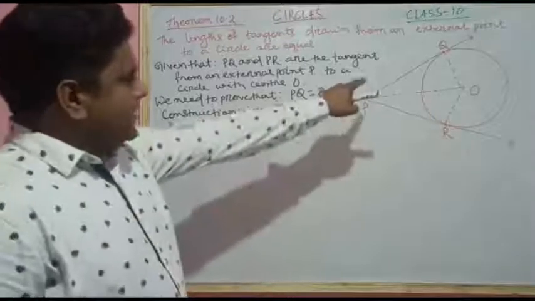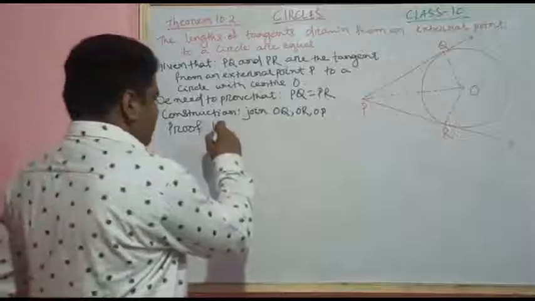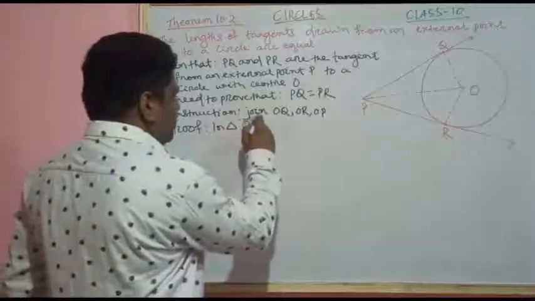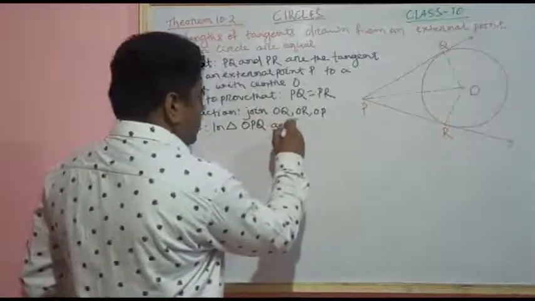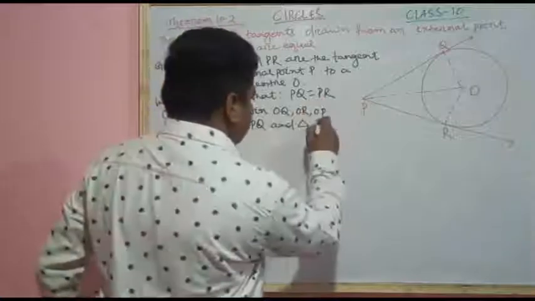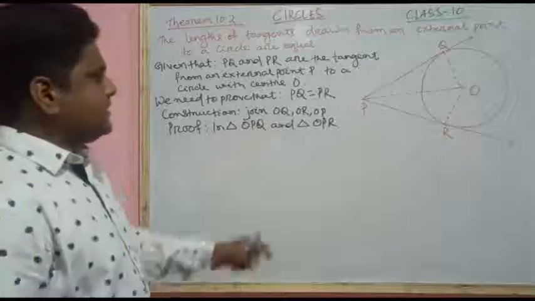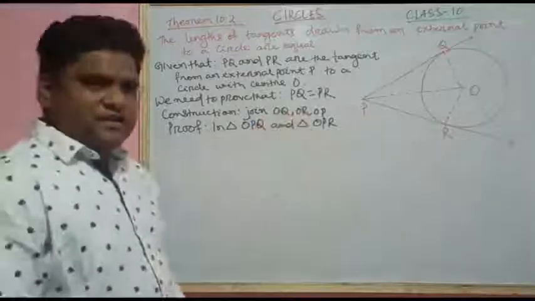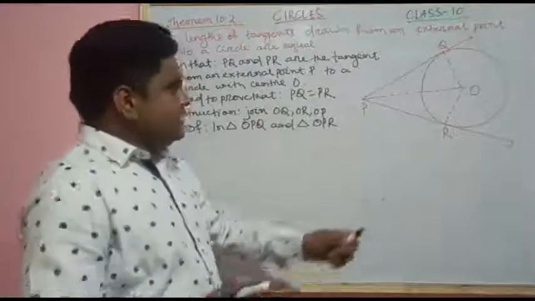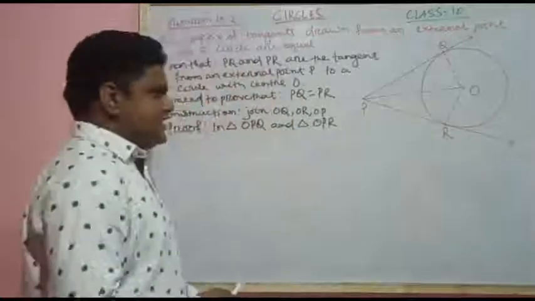Now compare triangle OPQ and triangle OPR. What is equal between these two triangles? We have already proved in theorem 10.1 that the radius through the point of contact is perpendicular to the tangent.